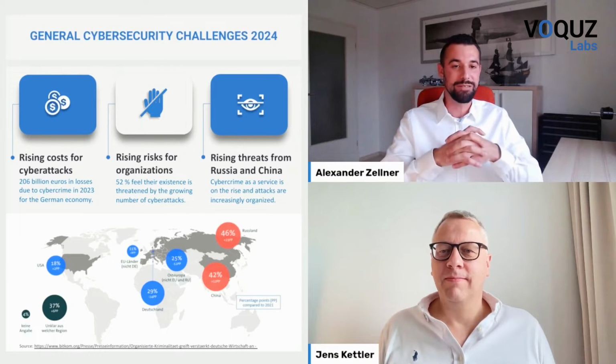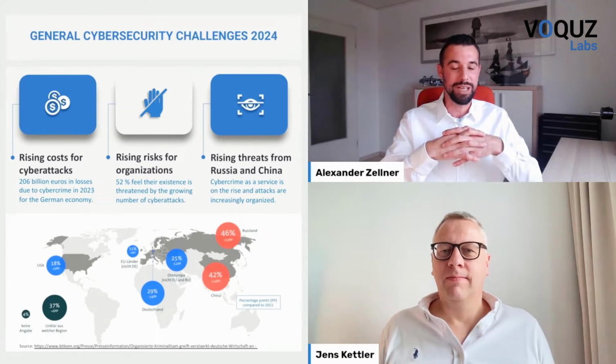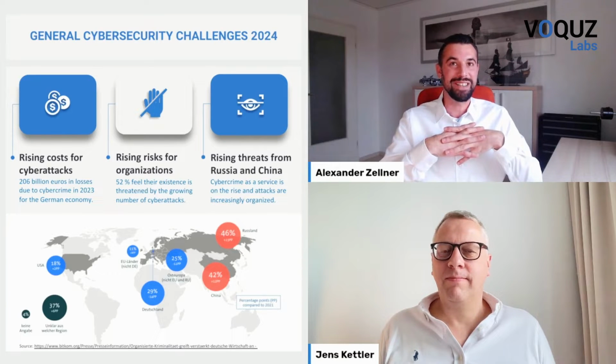So 52% feel their existence threatened by the growing number of cyber attacks. And this is something I personally also believe: threats are becoming more and more. This is not a typical situation that will stop next year or in 2 years. It will increase further.